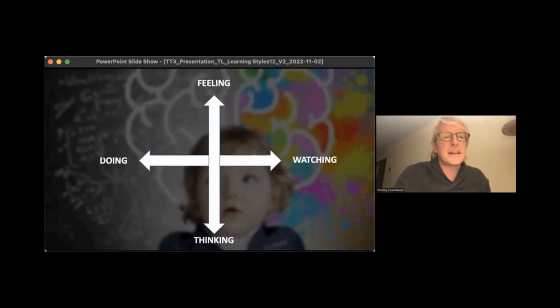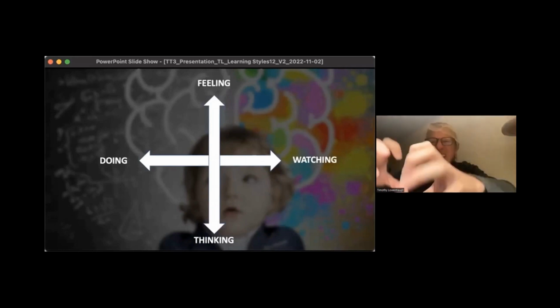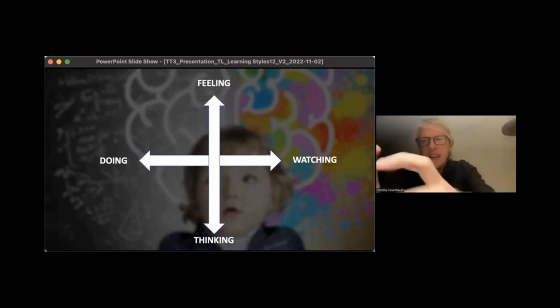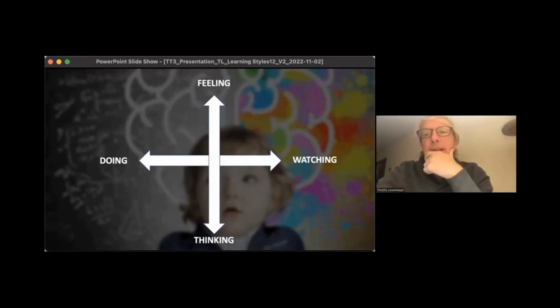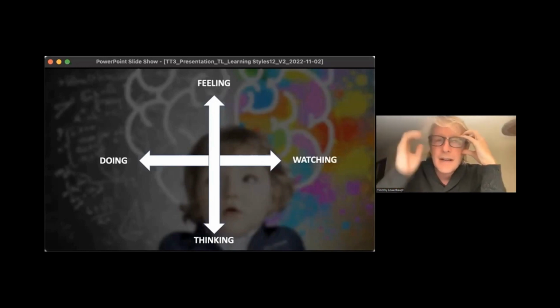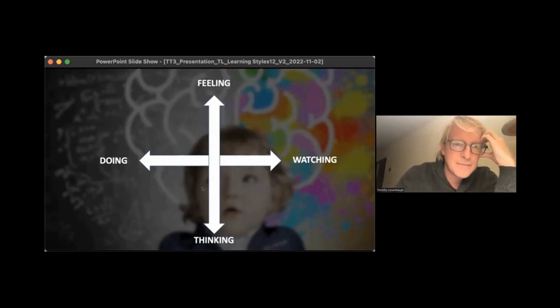Some people take in information by doing. They actually have to get their hands in, they have to start doing things, okay? And then once they've taken in information either by doing or by watching, then they have to learn it. They have to process it. And that's what the horizontal axis is.